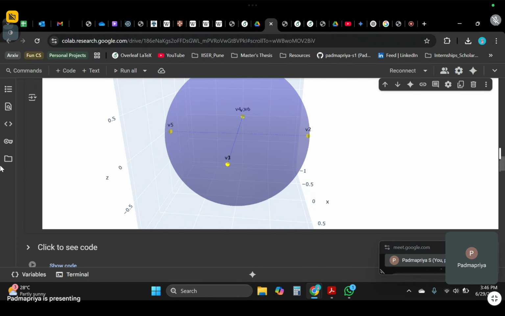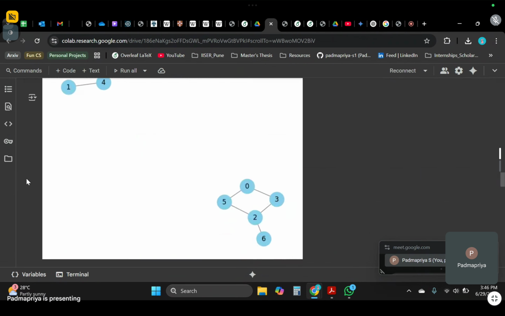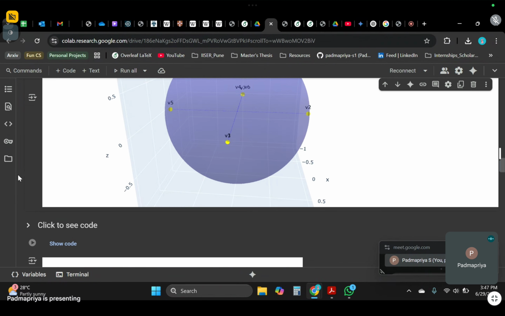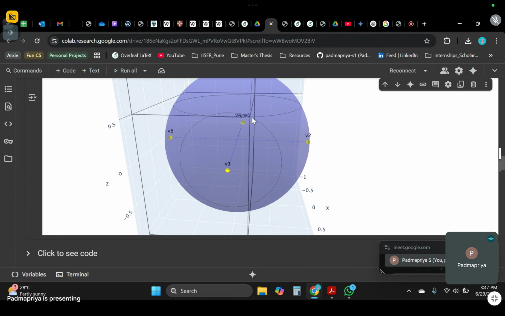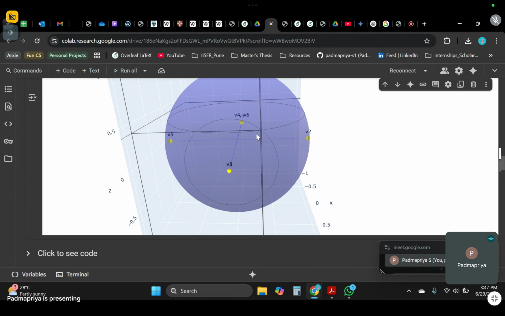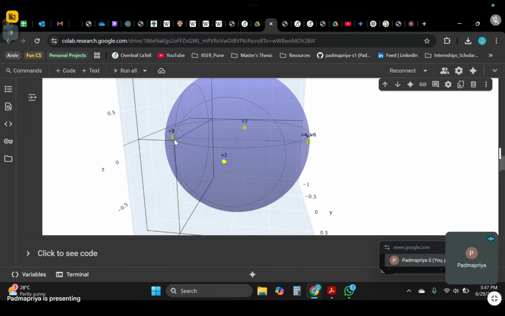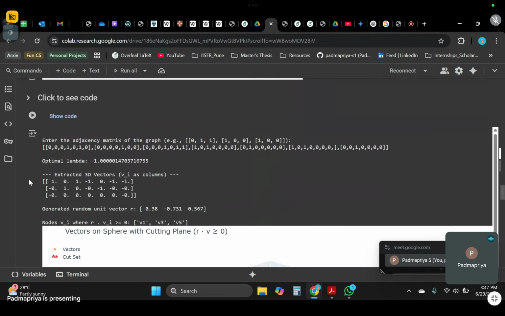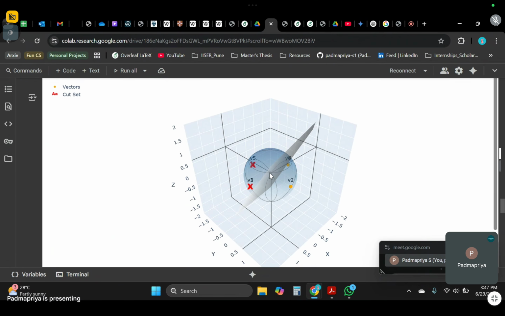So we have 3, 7, and 6. Okay, I should do minus 1, so everything minus 1 because of the labeling being off. But the basic idea is you can just see that the adjacent vertices are very far, and non-adjacent ones are together. So that's this graph, and we will see how the plane cuts.